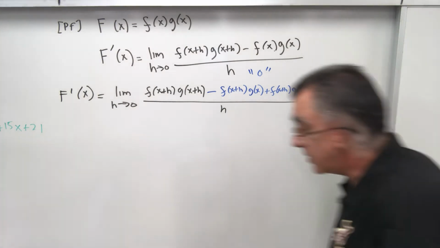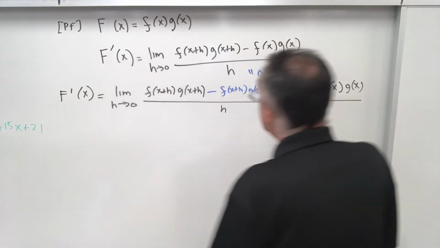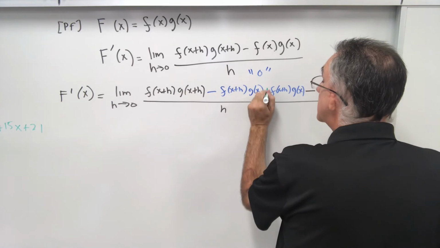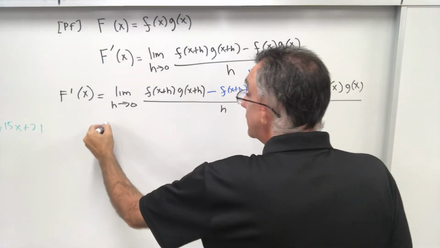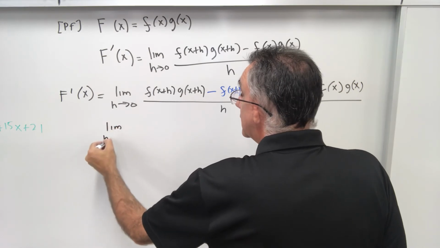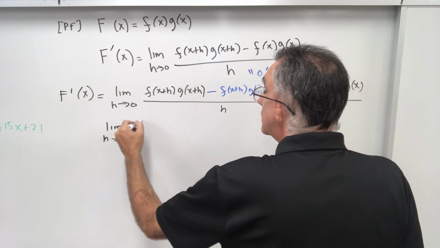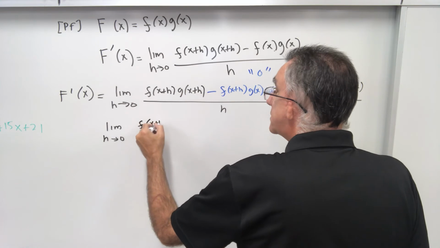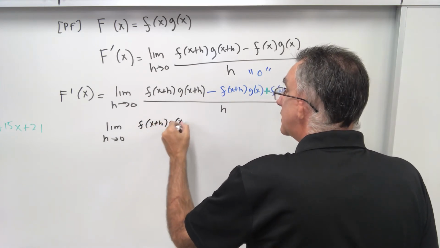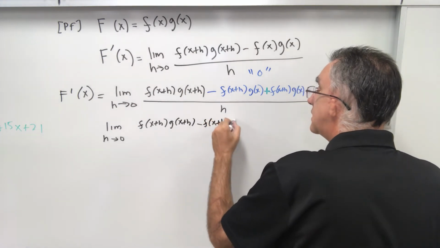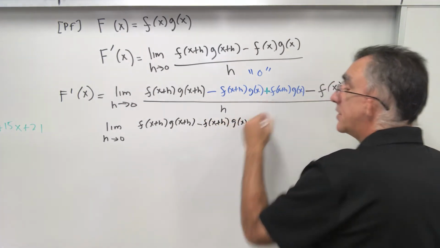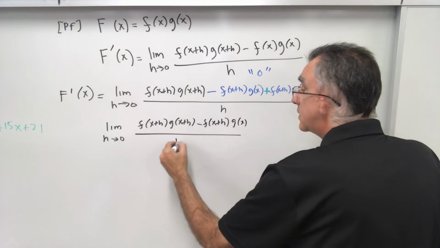Now, what I'm going to do is break it up right here at this plus sign. I'm going to have the limit as h goes to 0 of f of x plus h, g of x plus h, minus f of x, g of x plus h, and put that all over h.